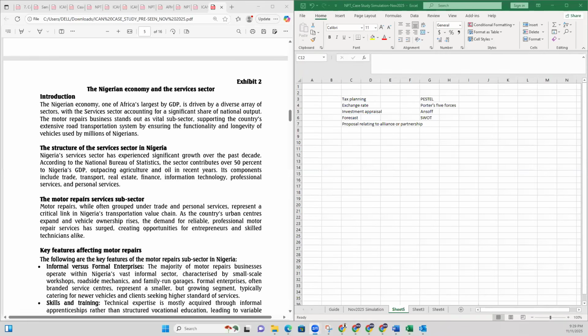Sorry, do you have anything around ESG in this case? Sustainability. Sustainability, just like it was examined last diet. Any other thing coming to mind?